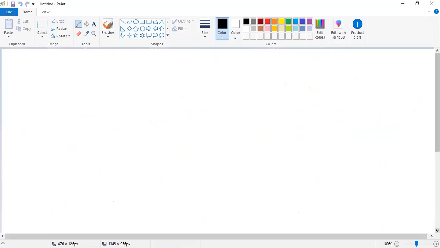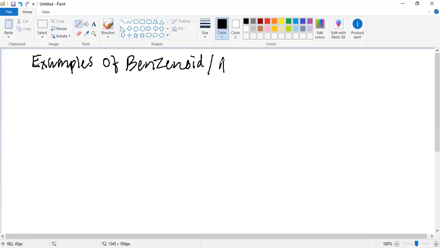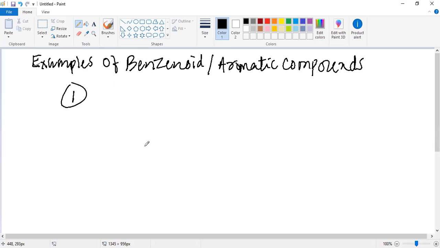So let us look into the examples of benzenoid or aromatic compound.